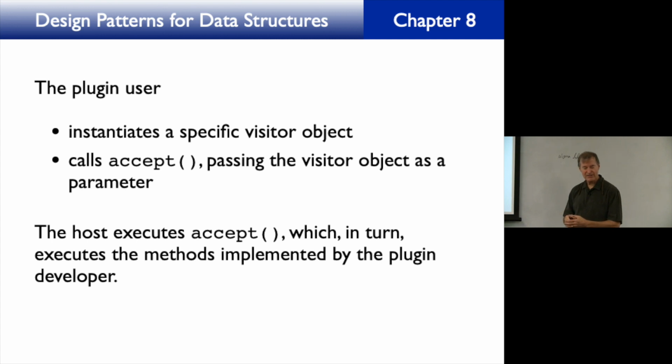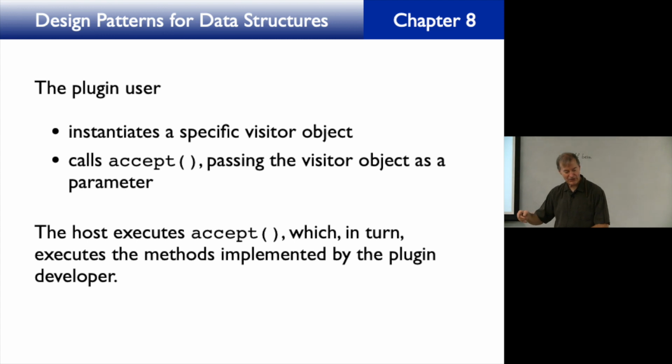What type does accept always take? Accept always takes a visitor as a parameter. Yes, the visitor gets passed as a parameter to accept, and then the host executes accept. But then what is the code for accept?